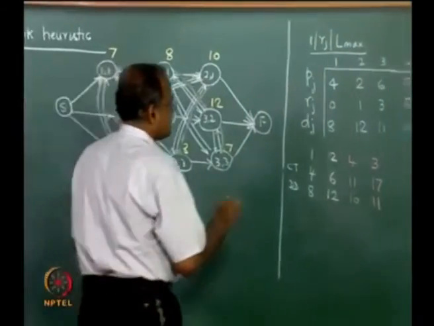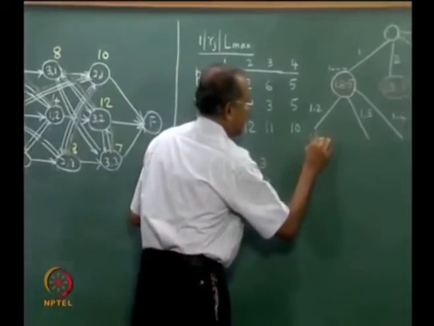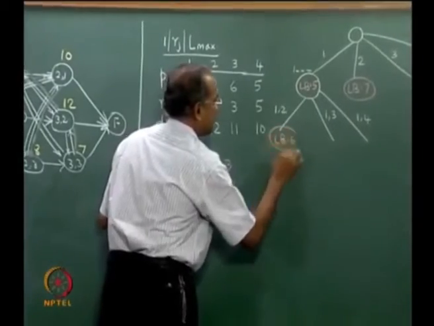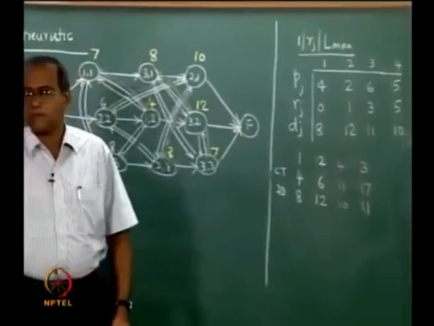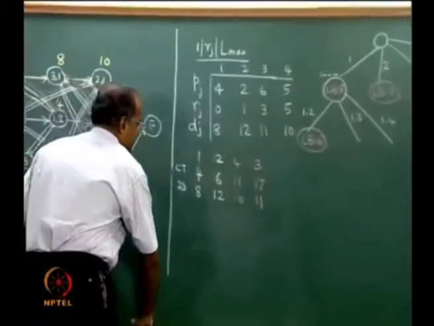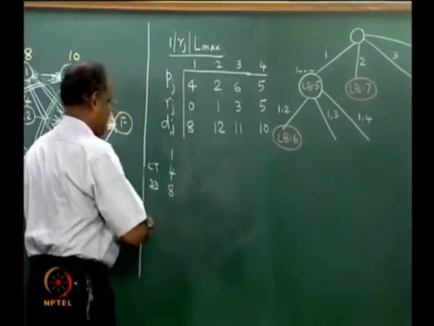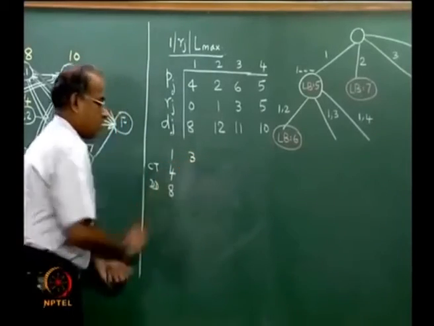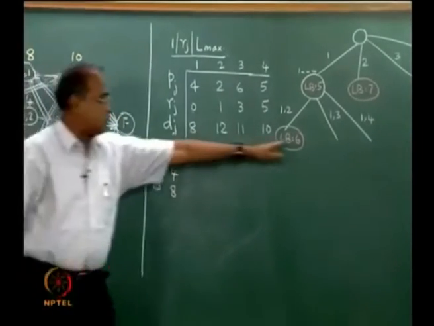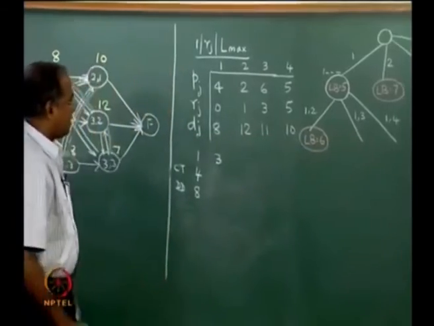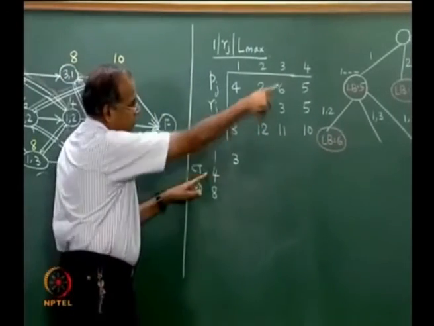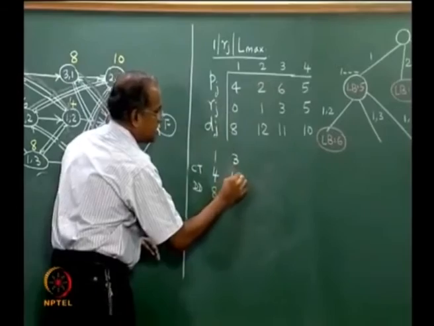So lower bound becomes 6. Now if I do 1 and 3, which is this node, at time equal to 4 this is available. So, 4 plus 6, 10.